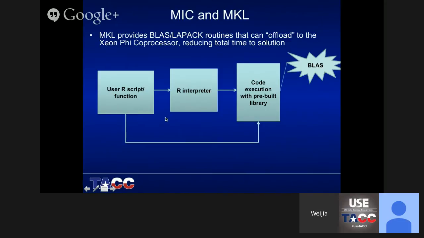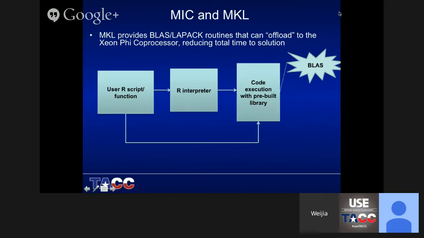Those functions go through the interpreter during runtime. It's converted into binary code for execution, and typically that code will call a pre-built library. That library is something we already compile and link and works on our system. So as an end user, you don't need to worry about that kind of compilation problem.